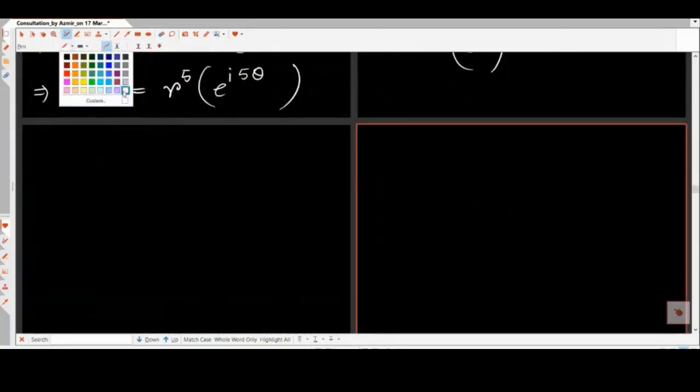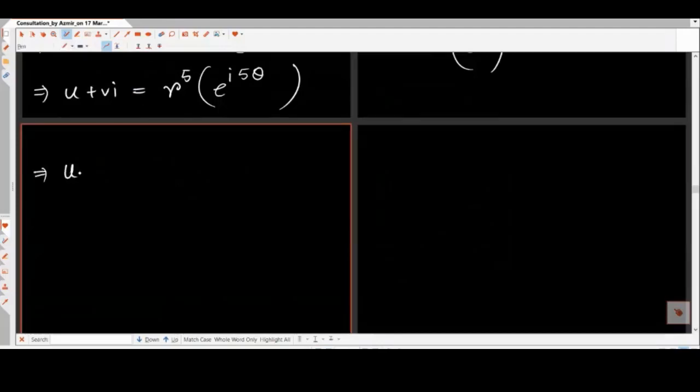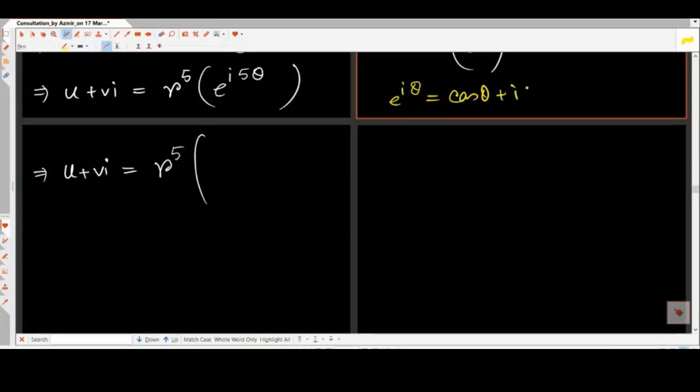Now we are writing u plus vi equals r to the 5. Again we can apply Euler's identity, e to the i theta is cosine theta plus i sine theta. So think about 5 theta as a single theta.